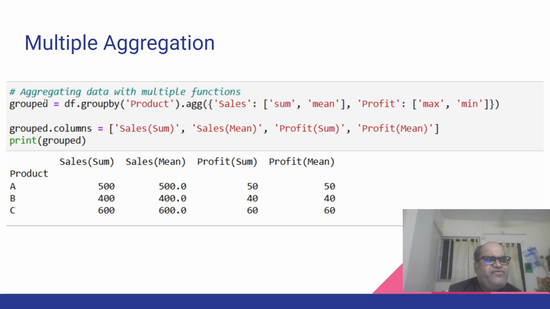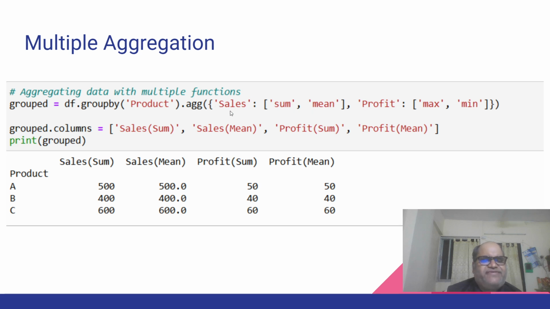Look at the syntax first. df dot group by. So df was your data frame, and you are grouping by on product. This is one way of writing the syntax. Once you have grouped by, you are calling aggregates using dot agg, and then you can have multiple different aggregations on different columns. So on sales, say you are having sum and mean.